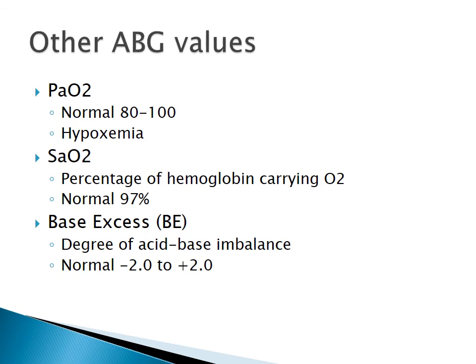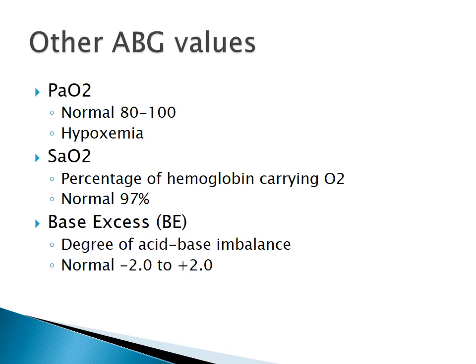And so we certainly want our patient to not be hypoxic, and so we're looking for that. We're also looking at our O2 saturations, the percentage of hemoglobin that's carrying our oxygen, and we certainly want that to be normal, above 97%.